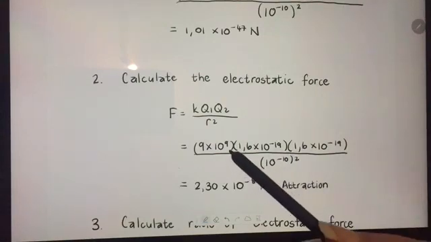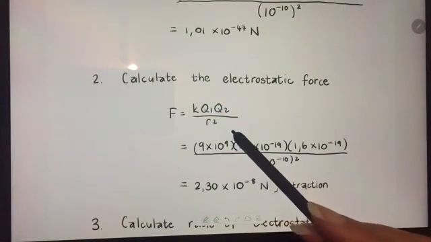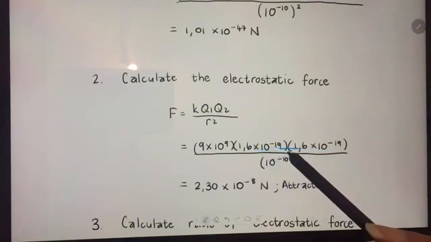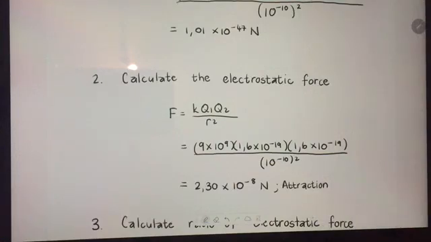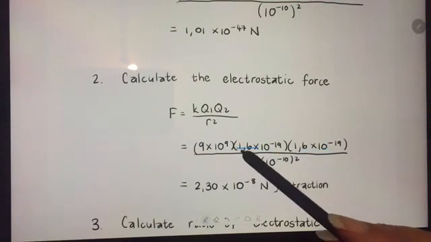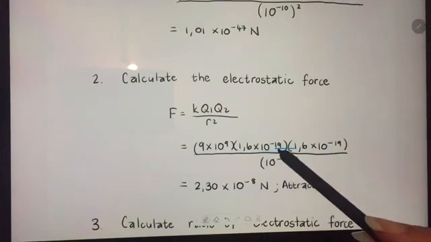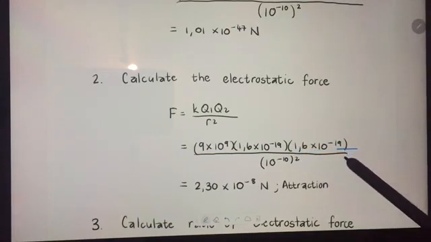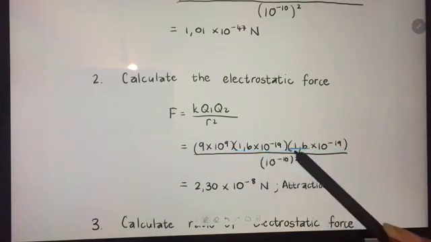Now, very important, when we use this formula, we only fill in the magnitude of the charges. We don't fill in the positive or negative sign. So, although the one was a proton and the one an electron, so the one is positive 1,6 times 10 to the power of negative 19, and the other one is a negative 1,6 times 10 to the power of negative 19, I don't fill the positive and negative in when I do the calculation.